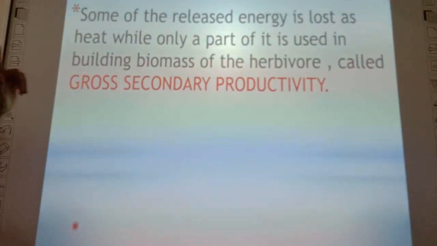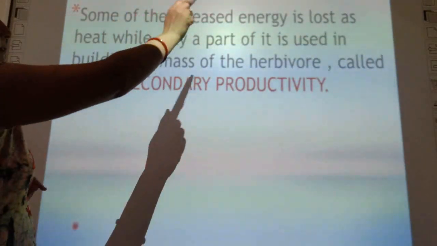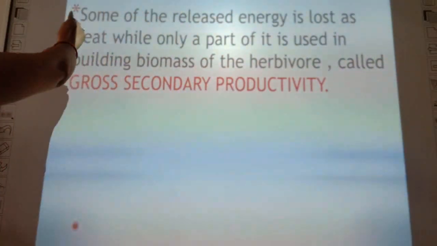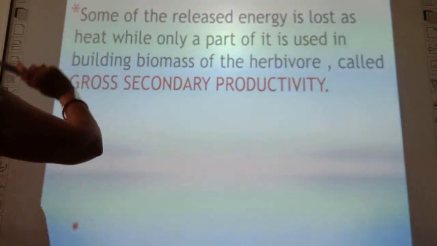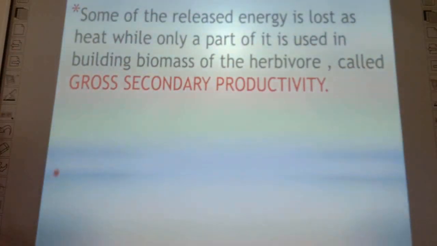When herbivores eat a plant, it digests and liberates energy. Some of the released energy is lost as heat, while only a part of it is used in building biomass of the herbivores, called gross secondary productivity.